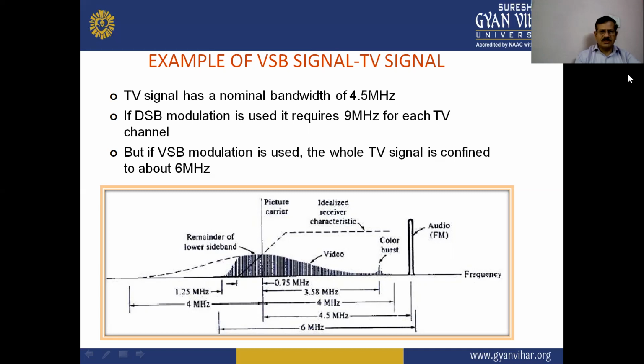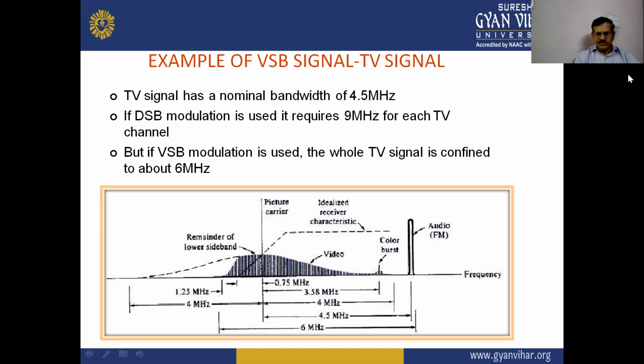What if VSB modulation is used? The whole TV signal is confined to about 6 megahertz. So we can see this frequency distribution of a VSB signal in TV systems.